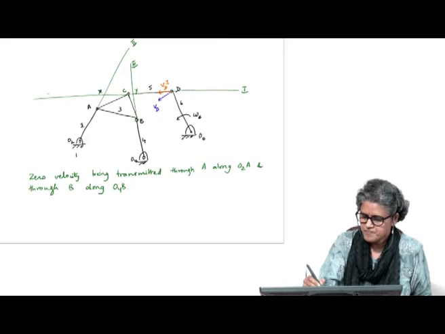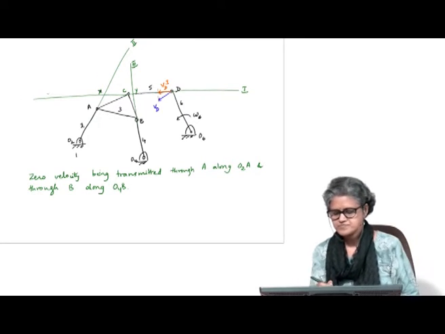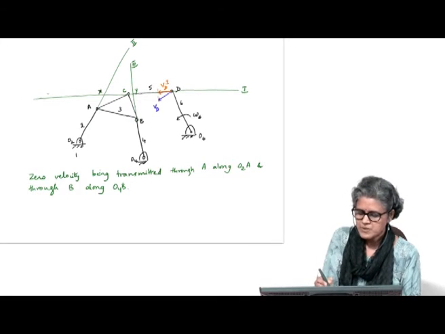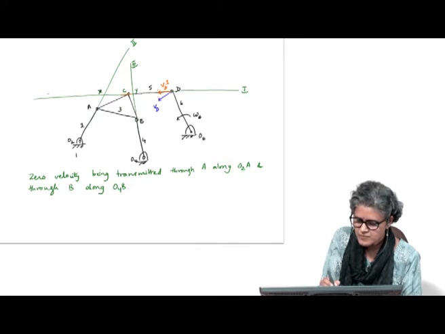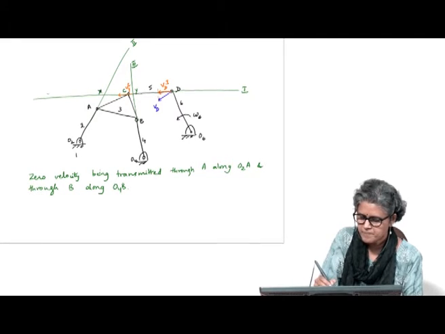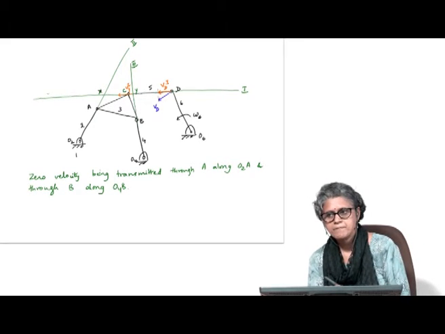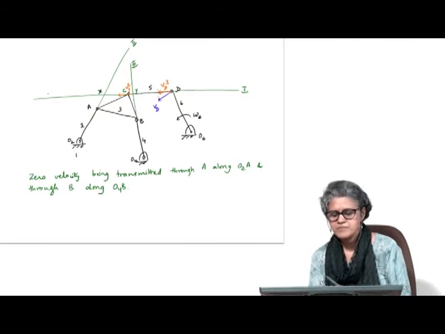Now I have velocity of D along 1, right? That will also be the velocity of Y along 1, right?